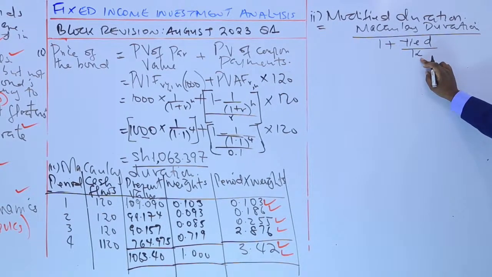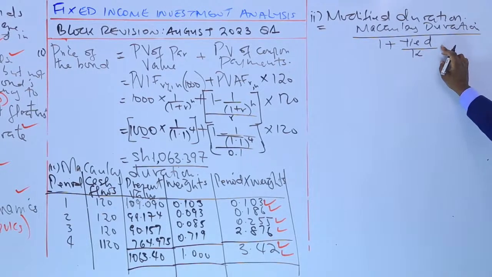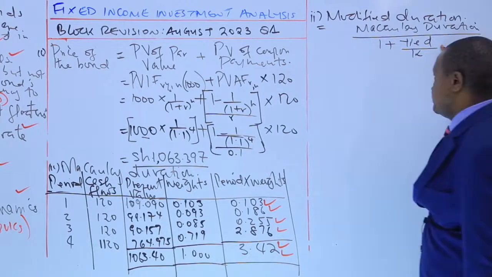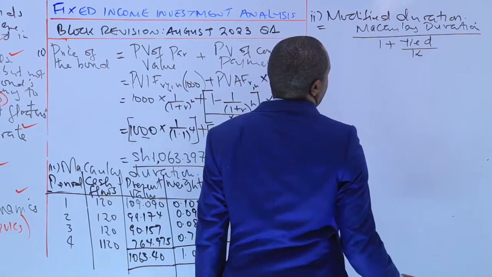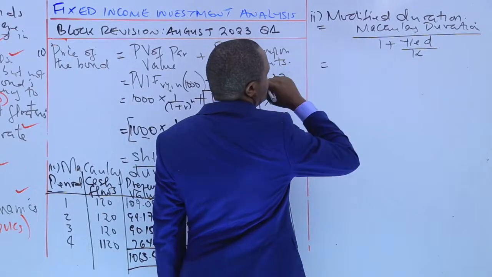In our case, the periods are 4. And the yield is the yield to maturity of the bond. We read from the question that the yield to maturity of the bond is 10%.